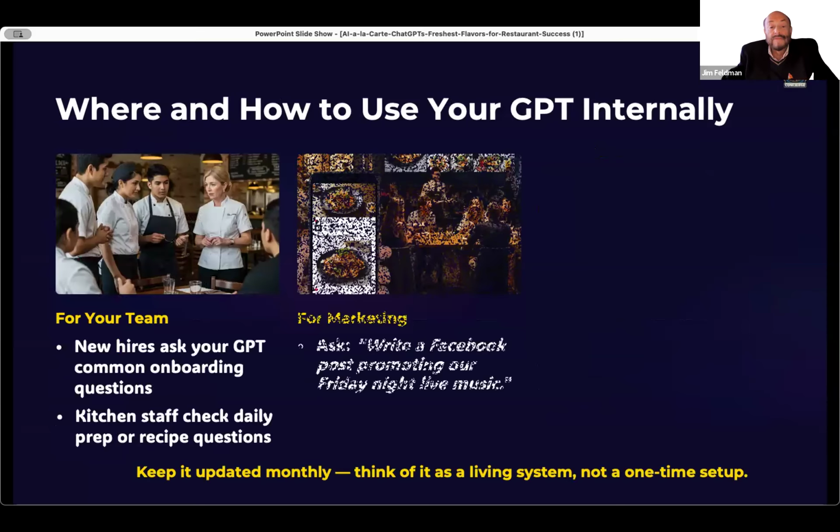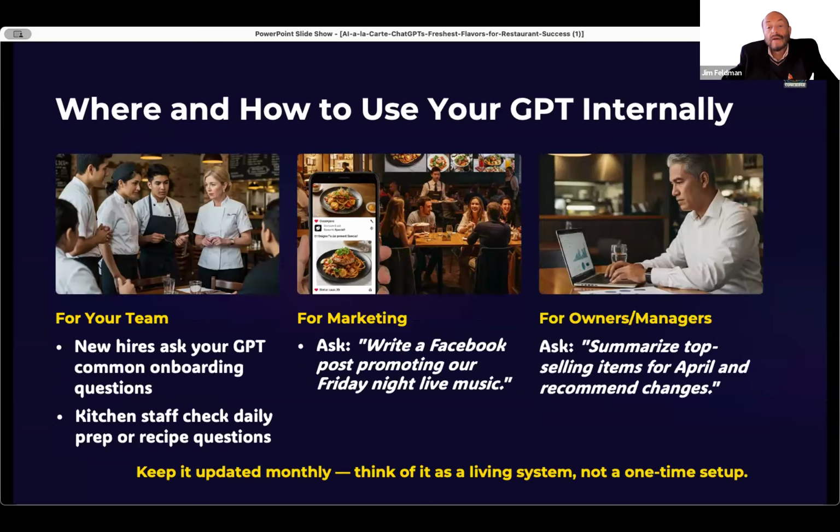Again, for your team, for your marketing, for your owner manager, you would ask this kind of a question. Write a Facebook post, summarize our top selling item, and you're going to keep it updated all the time. Think of it as a living system, Mr. Spock, not a one-time setup.